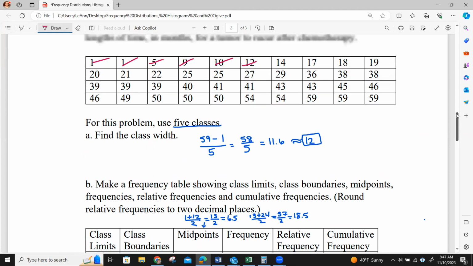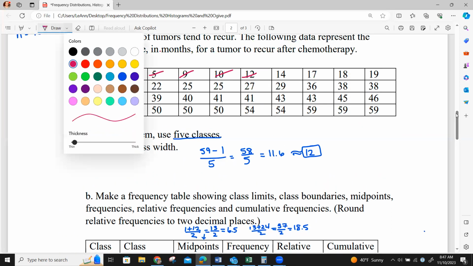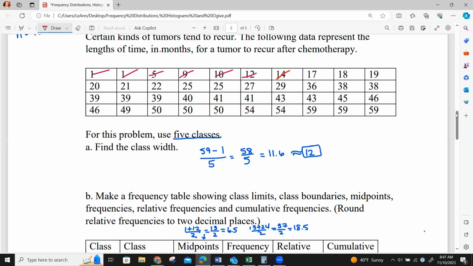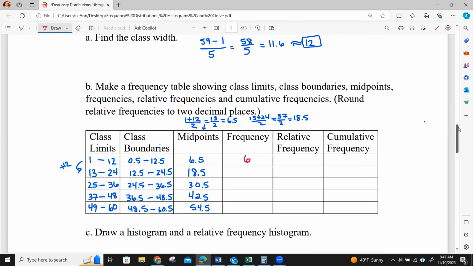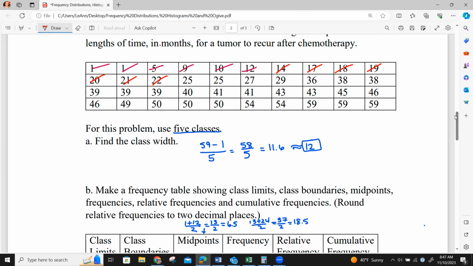13 to 24. So let's change colors. So that would be 1, 2, 3, 4, 5, 6, 7, because that's over 24. So there's 7 items in that group. Okay, now we're moving to 25 to 36.